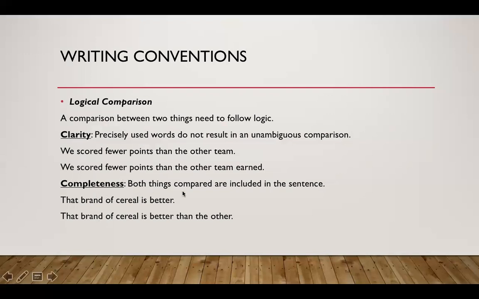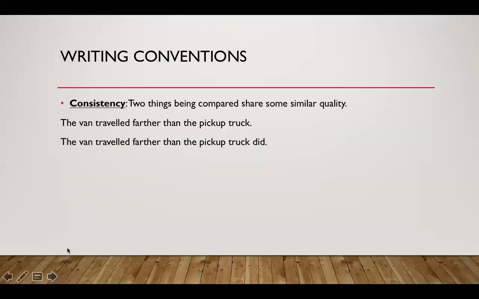Completeness. Both things compared are included in the sentence. That brand of cereal is better. That brand of cereal is better than the other. So again, you're looking for a logical comparison that provides clarity and completeness.